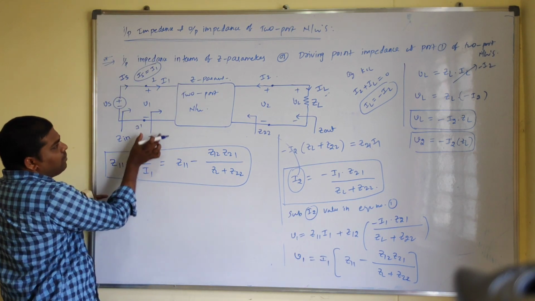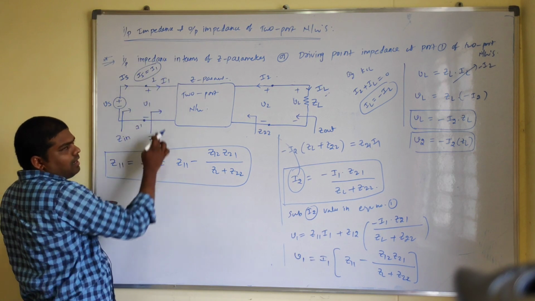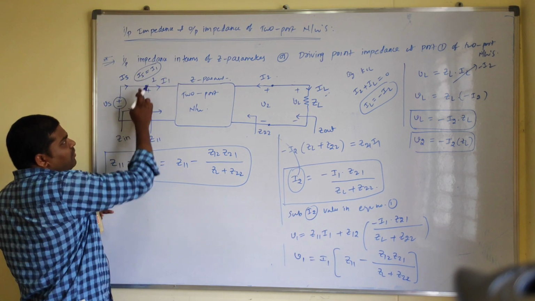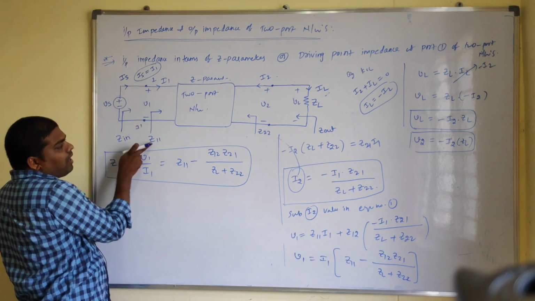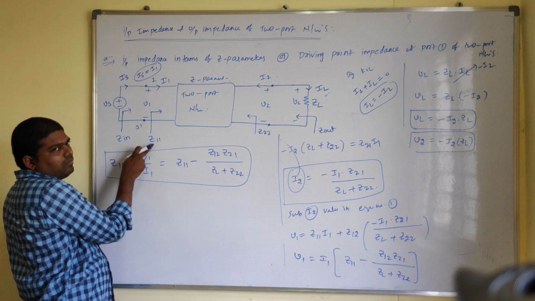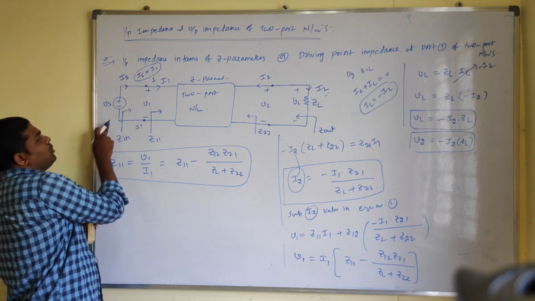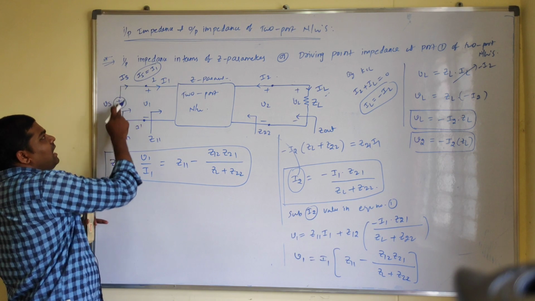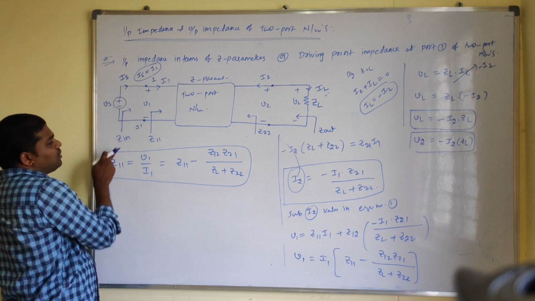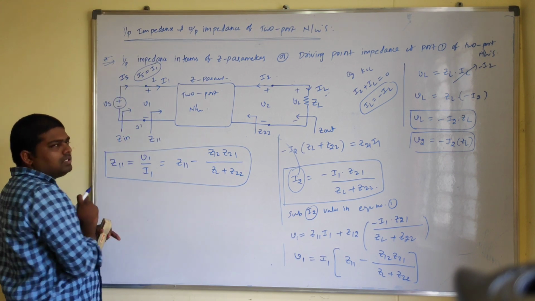This Z11 can be indicated up to this point only. Before these terminals, we have the input impedance Z11. By including this source, we don't have any elements across this branch, so Zin equals Z11.